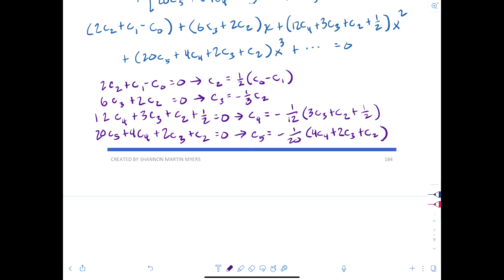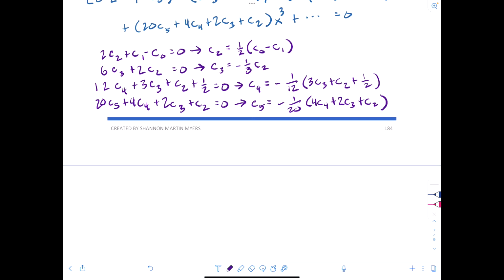Okay, so now we want to get to solutions, right? So we have all these things going on, and we're going to be working with these right-hand sides.